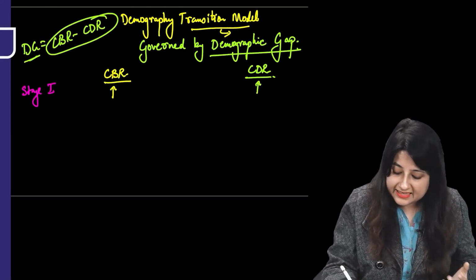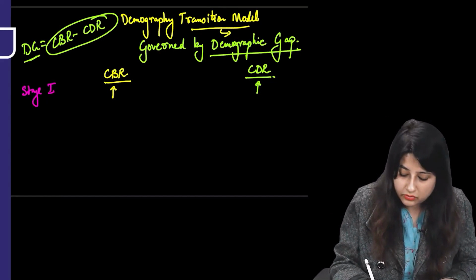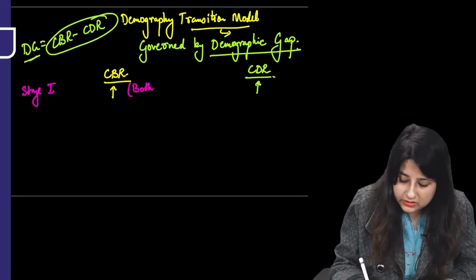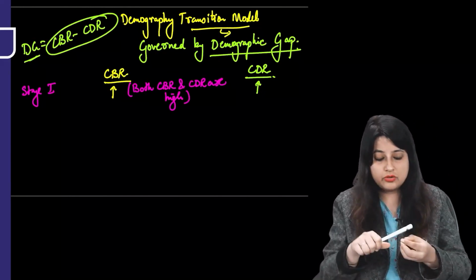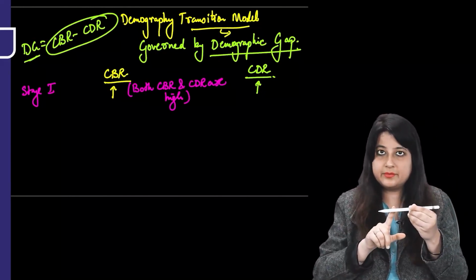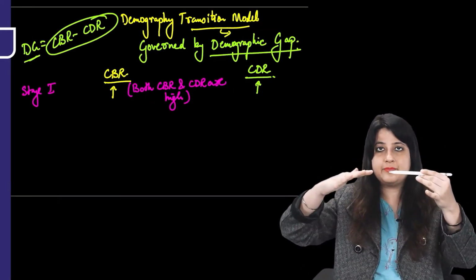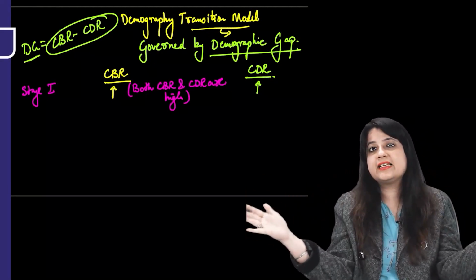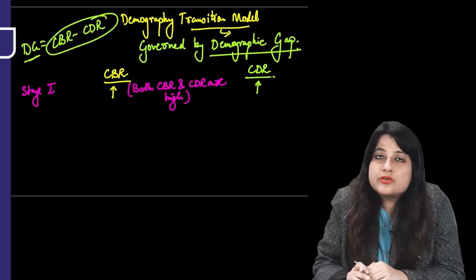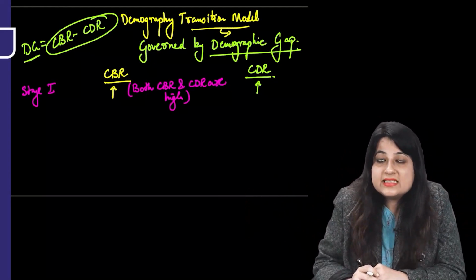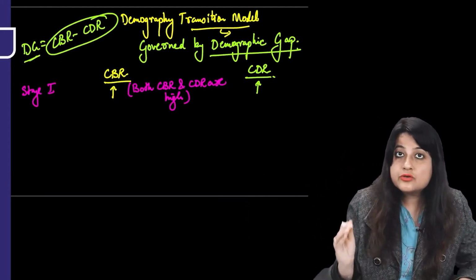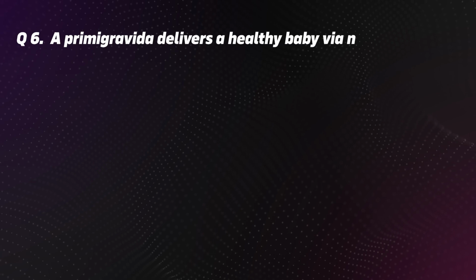So when a country is in its starting phase, both crude birth rate and crude death rate are high. If this pencil is the birth rate and my hand is the death rate, both are high. So when both CBR and CDR are high, what happens to the population? Will it increase, decrease, or be stable? It will be stable.